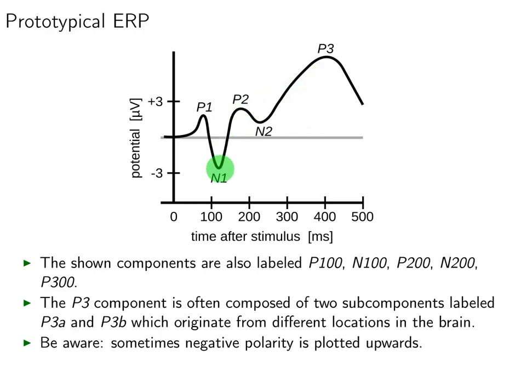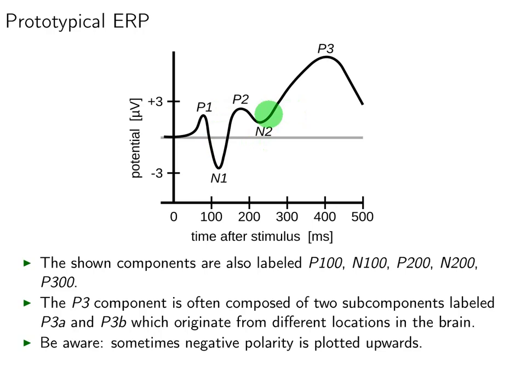NE is a negative deflection related to erroneous decisions, and can also be denoted by ERN, error-related negativity. Also, the lateralized readiness potential, which reflects the preparation of motor movements, can have a similar shape with corresponding labels.